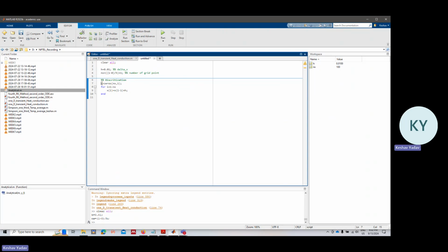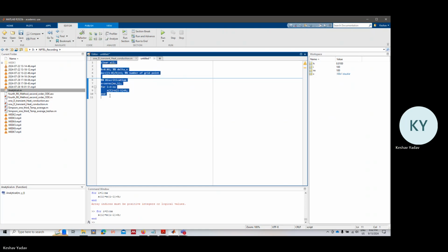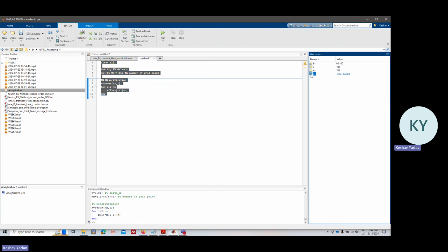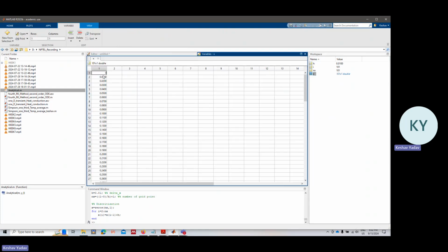Now let us see whether it is correct. So if we go from i, now if I see, this is my x.